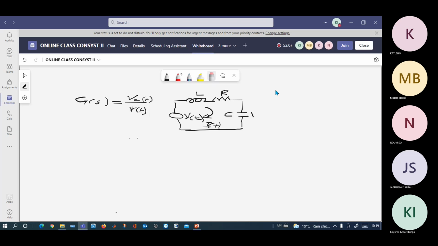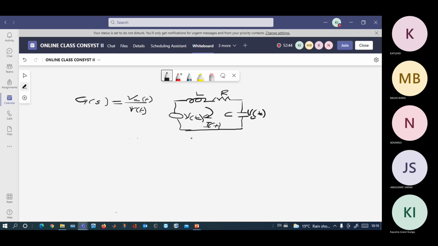So let me first put this one back. It was V of T, and there was a small c there. What we are going to do now is use a technique that is going to simplify the solution. Instead of going through all those long processes, we are going to see a simple process which will help us find a solution.